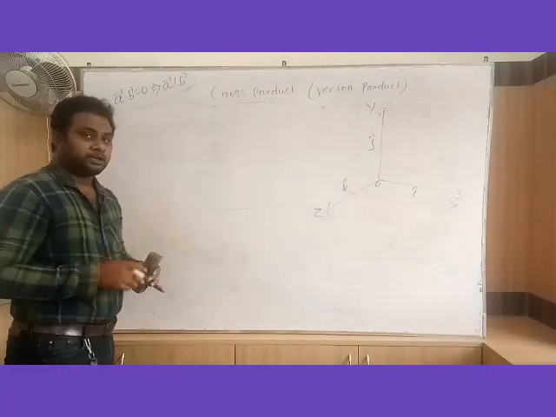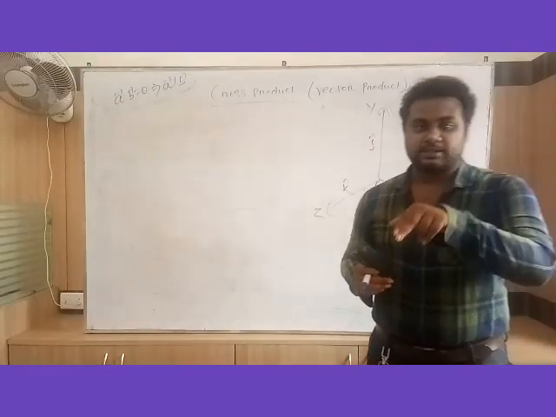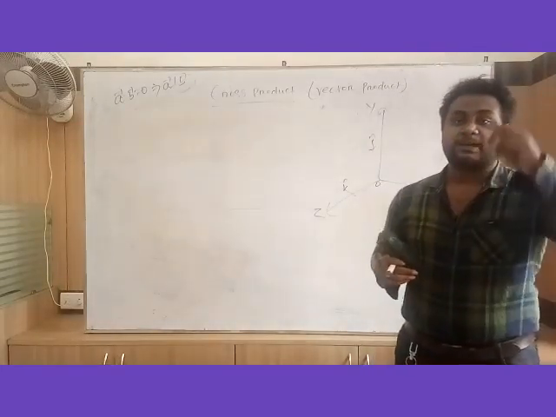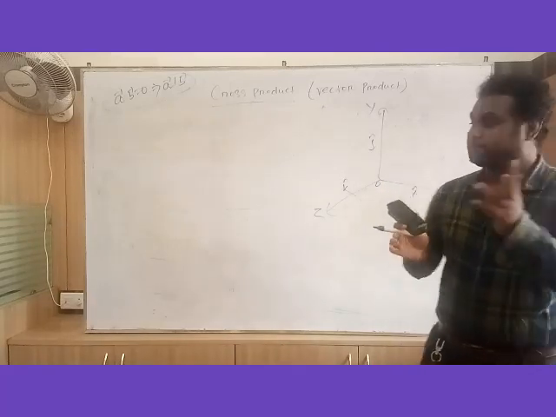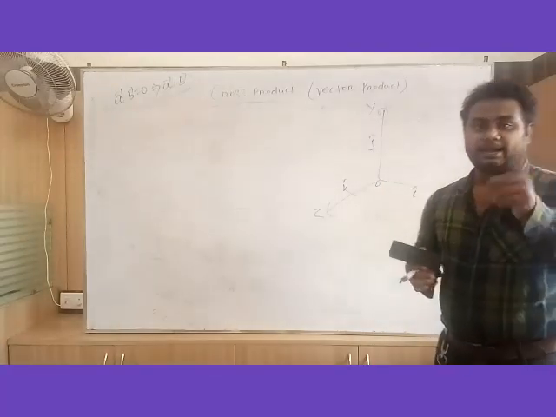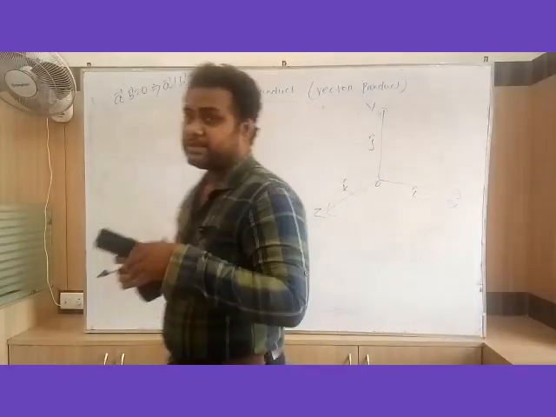In dot product of the same unit vectors, that means i dot i, j dot j, k dot k, the value becomes 1. If you take the dot product of unit vectors of two different axes, that means i dot j, j dot k or k dot i, the value becomes 0.